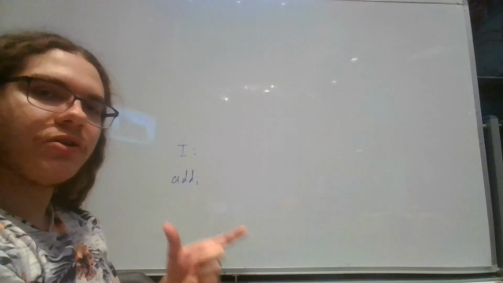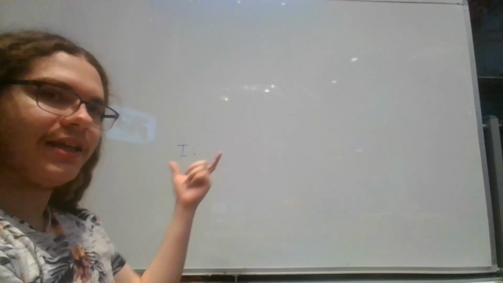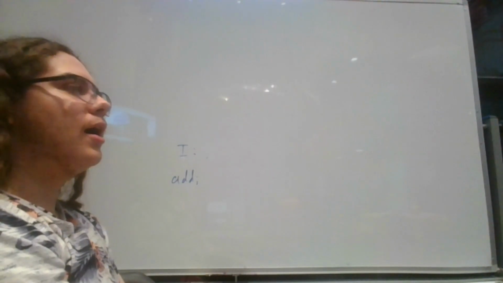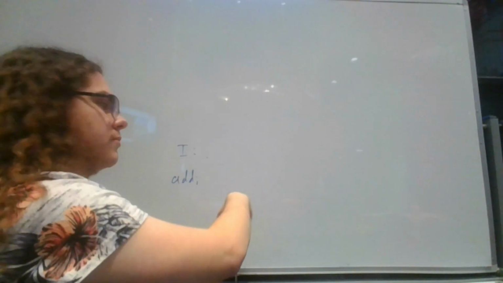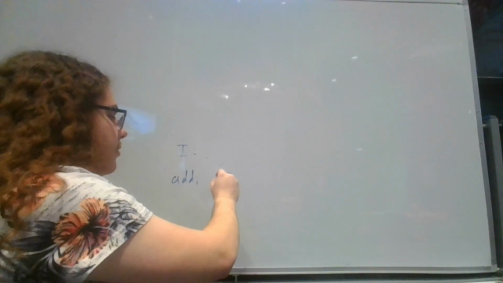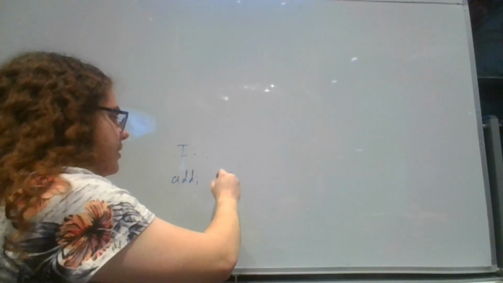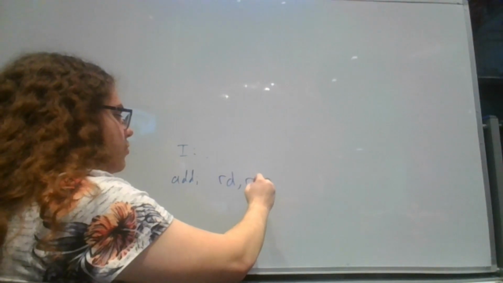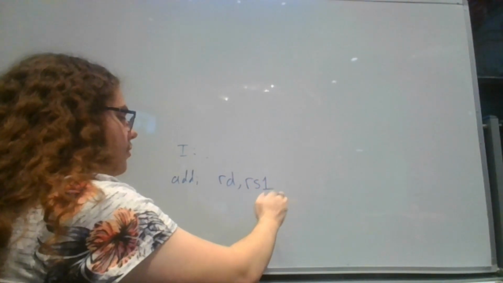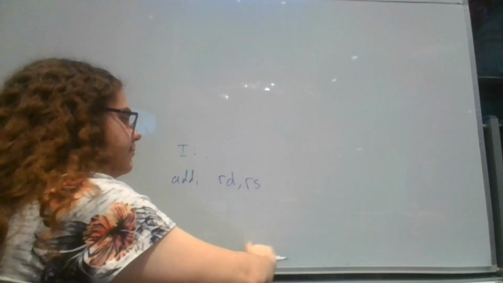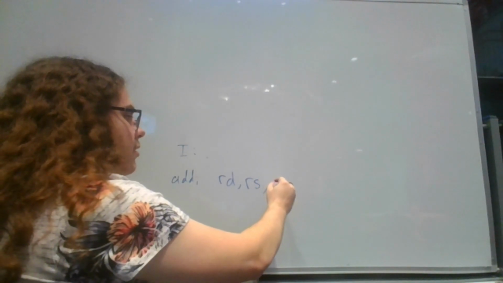Now, I'm going to try and do this off of memory because I don't remember the exact way that the bits are ordered for the machine code, but I do know that for any immediate function, you always have a destination register, a source register, which is typically just called RS, and then an immediate.